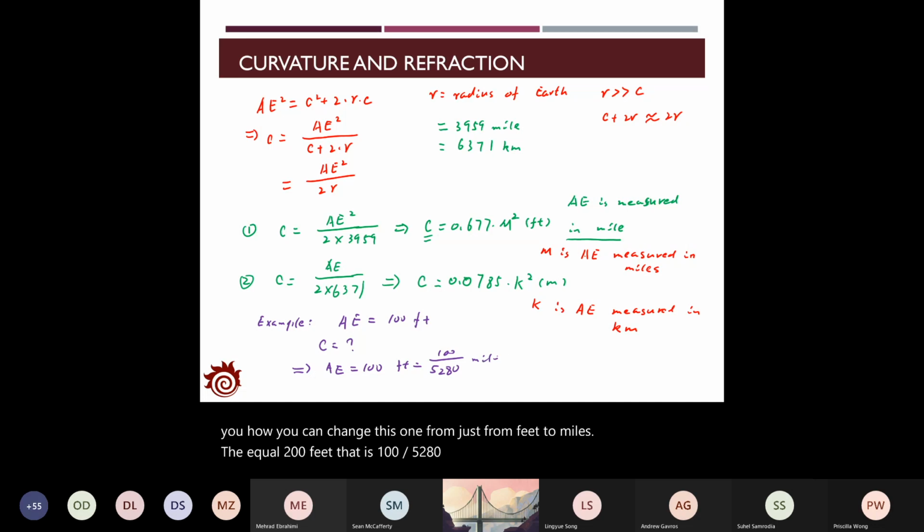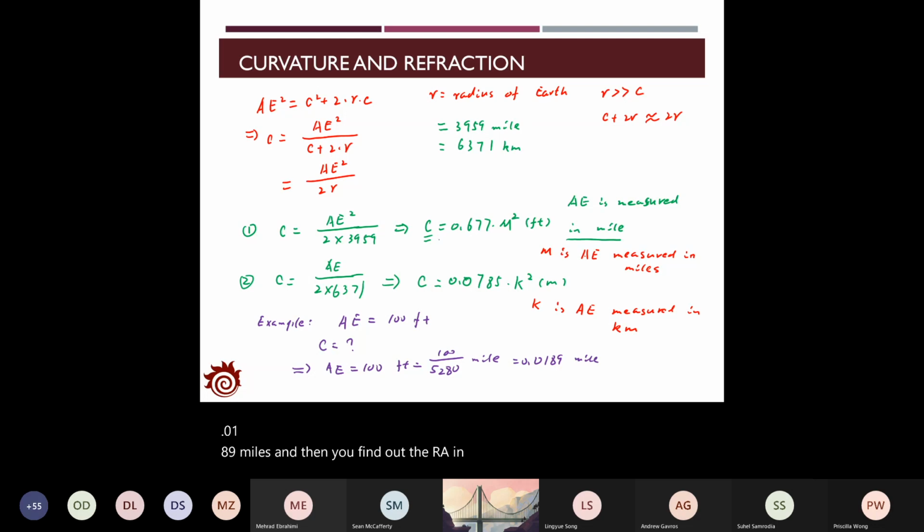This will give you the conversion to miles. The value is 0.0189 miles.